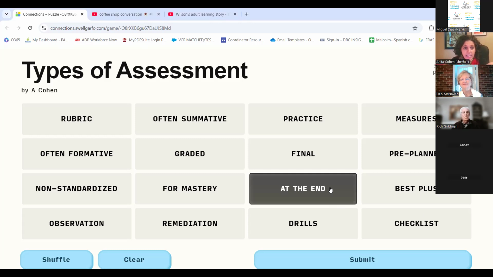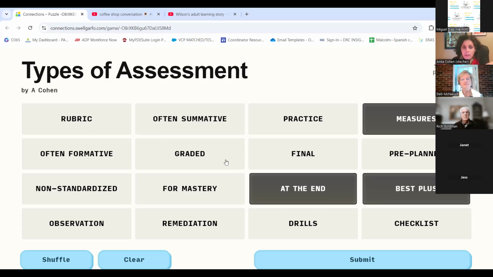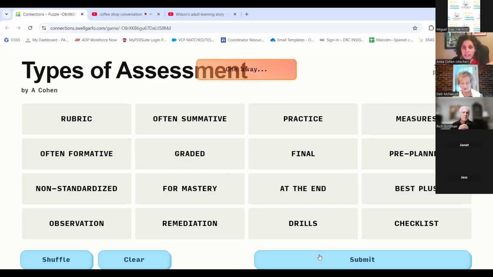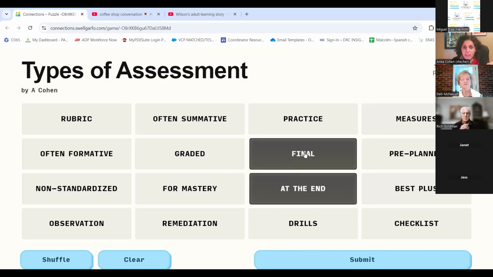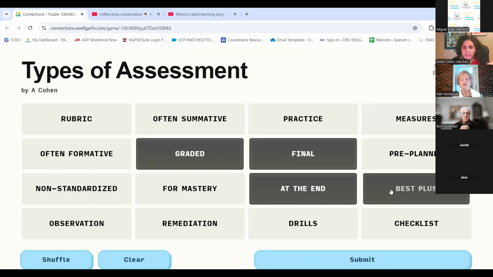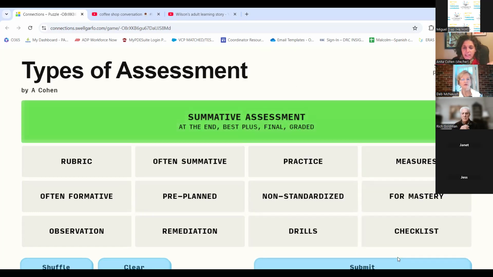I think it's measured. It's the best plus. It's graded. Let's see if I got it right. Oh, I was 1 away. It's at the end. It's a final. It's graded. It's a best plus. I think that's it. Okay.